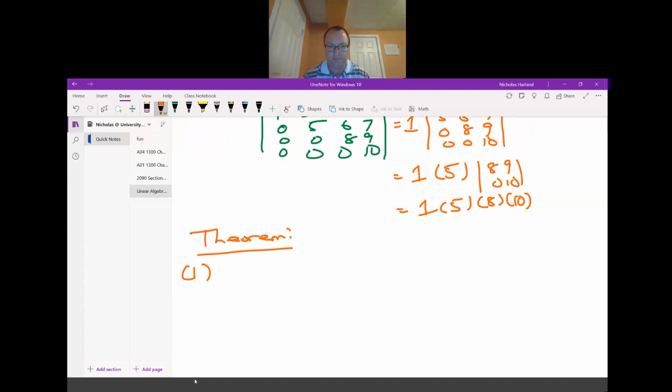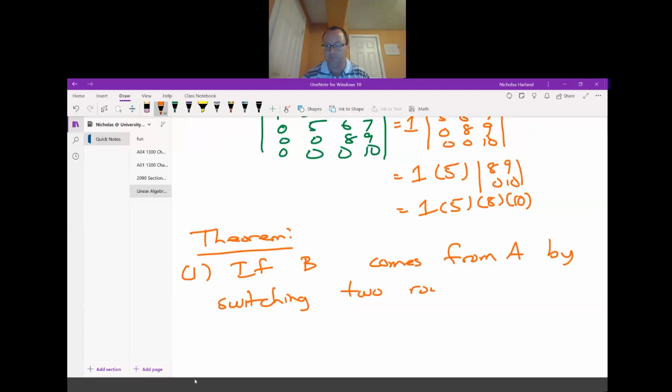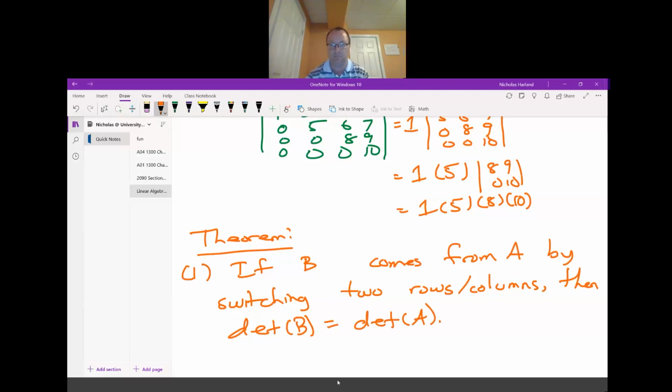Number 1: if B comes from A by switching 2 rows or columns, then the determinant of B is equal to the determinant of A. And that's a gigantic lie because I forgot the negative.